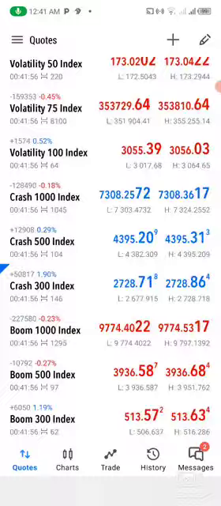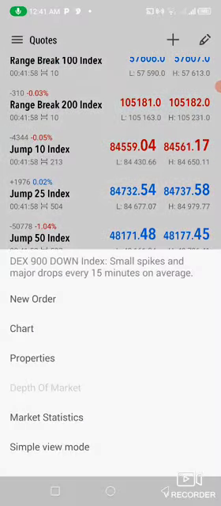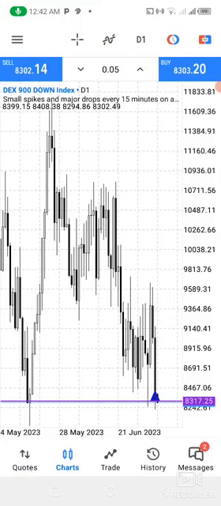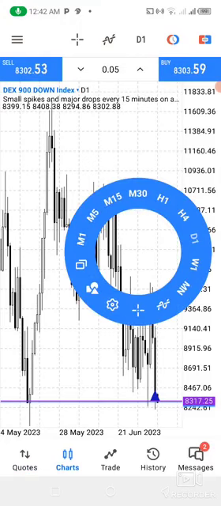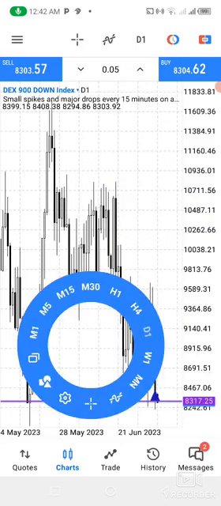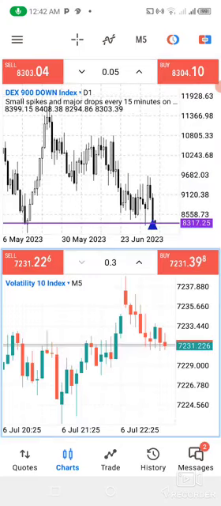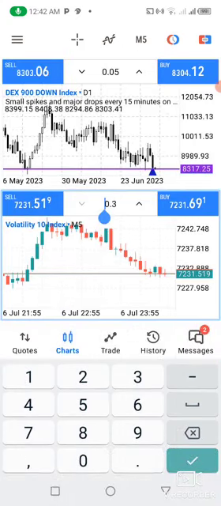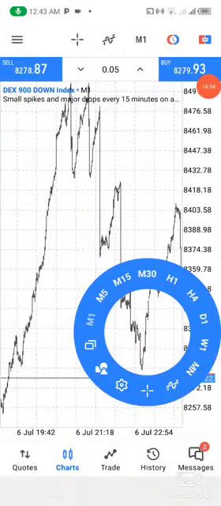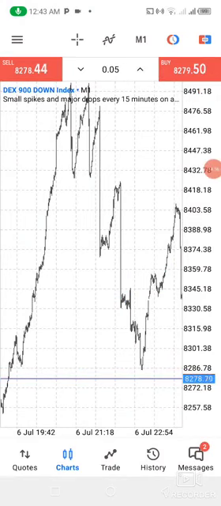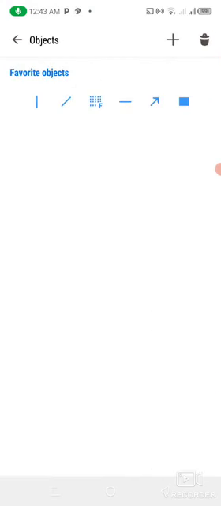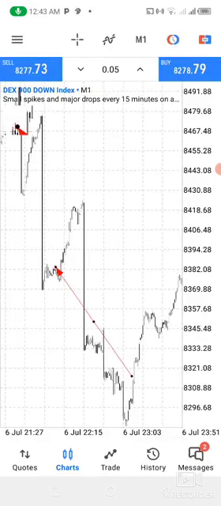How do we explain DEX index with this idea of energy conservation? We are still on a down DEX index. You discover that at lower time frame, like M1, you will clearly understand what a down index is.